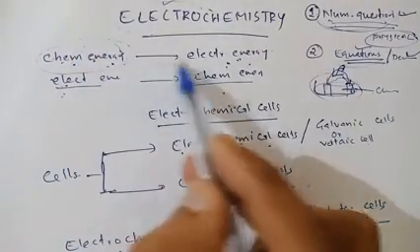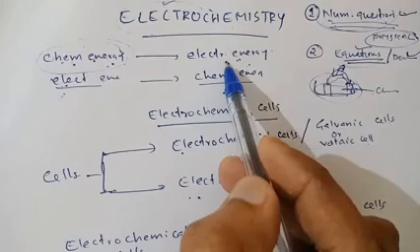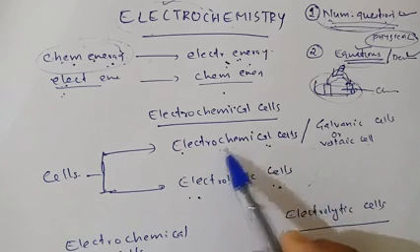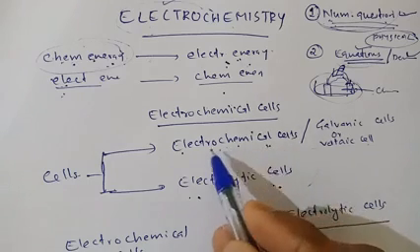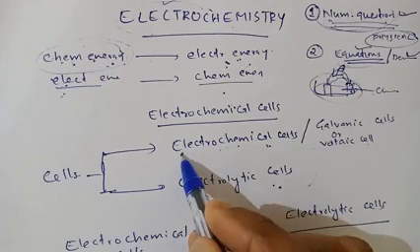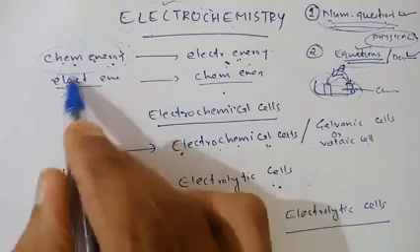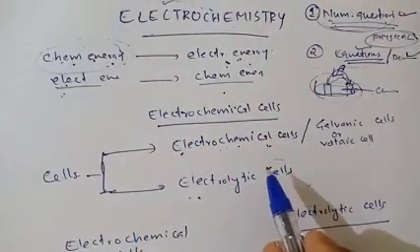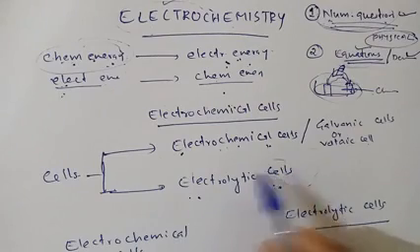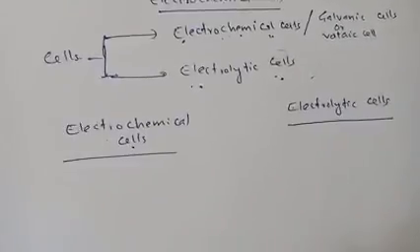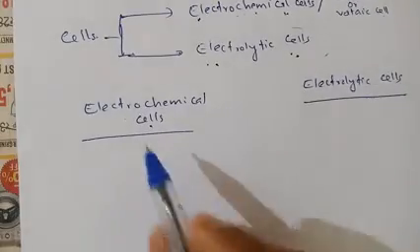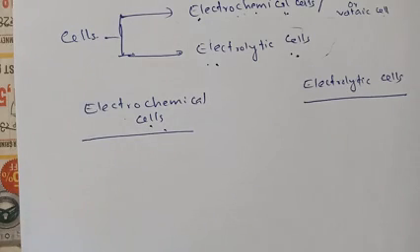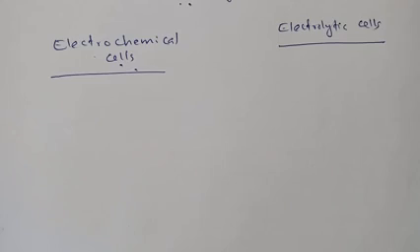Chemical energy converted into electrical energy takes place in electrochemical cells. So a battery is an example of an electrochemical cell. Here chemical energy is converted into electrical energy. Similarly, electrical energy will be converted into chemical energy in electrolytic cells. Clear? So now we can move into the differences between electrochemical cells and electrolytic cells. So what is the first difference?